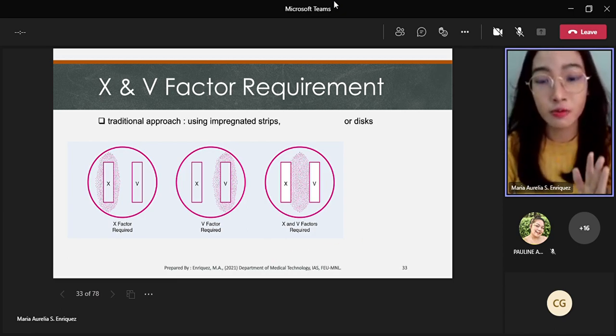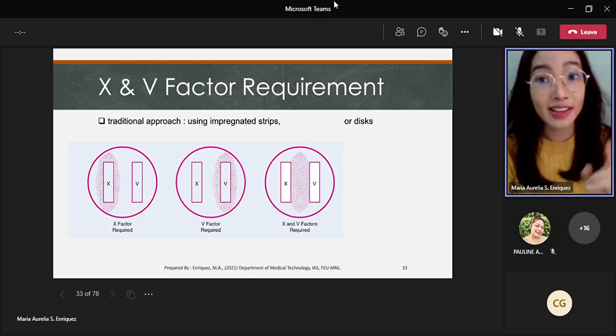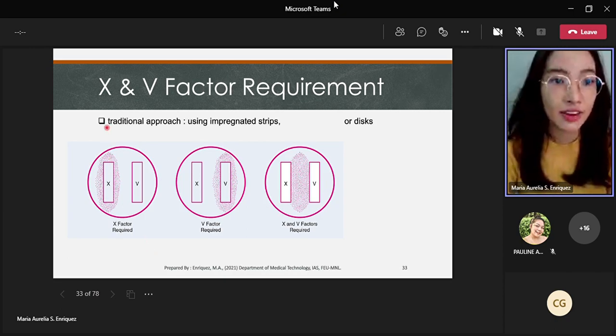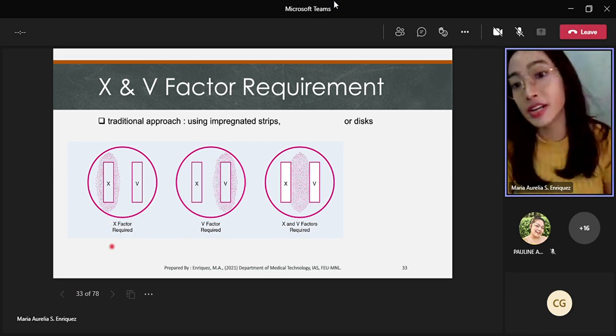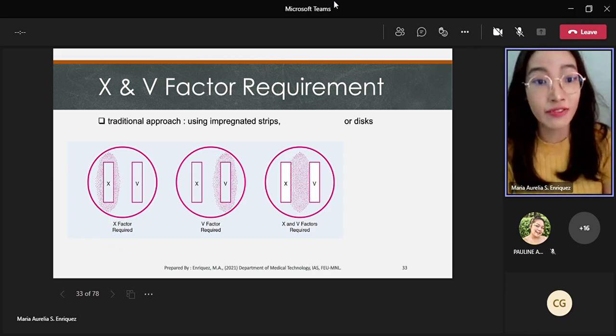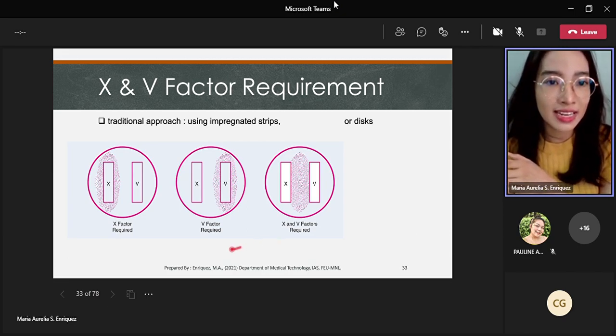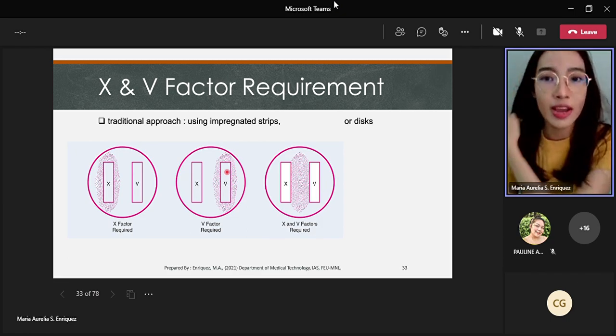If growth is observed around only the X strip, it means that the organism only requires the X factor, as you can see right here. If the organism grows around only the side of the V strip, then it requires only nicotinamide adenine dinucleotide, as we can see right here.